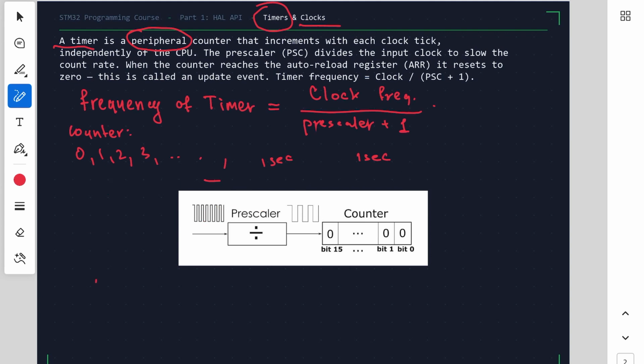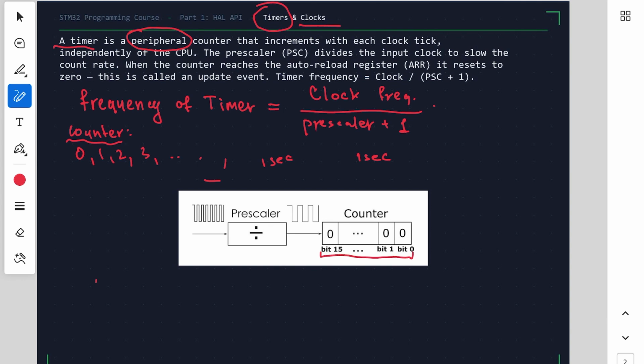But here's the important thing to mention. The counter cannot reach infinity. Like it cannot go to the billions, trillions. There has to be some physical limitation. And the first limitation depends on the number of bits of the counter.